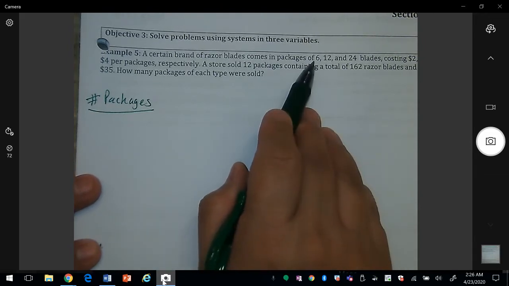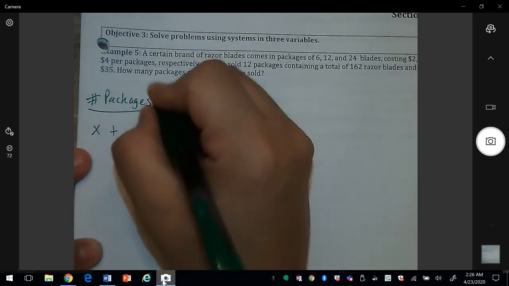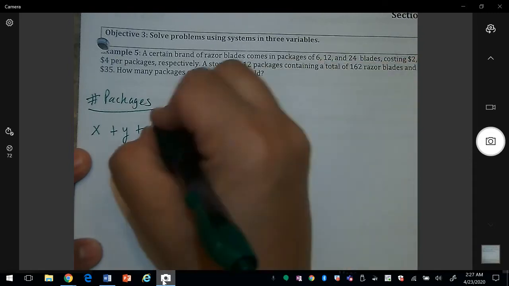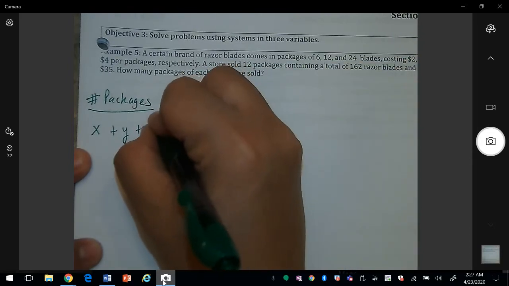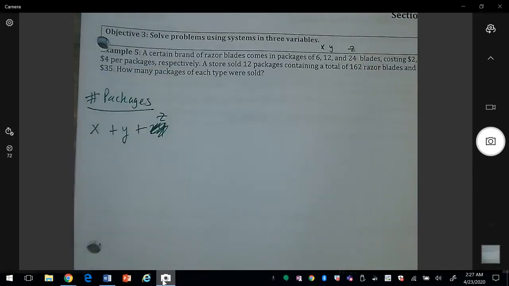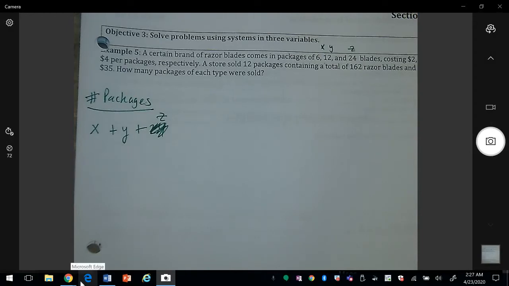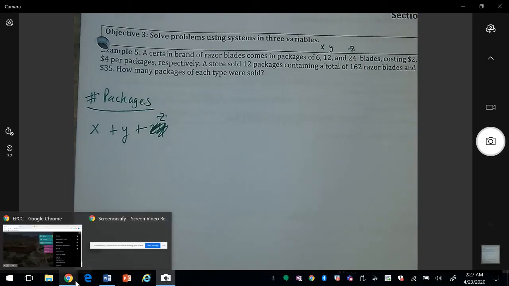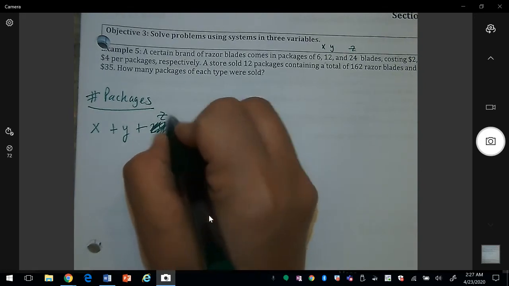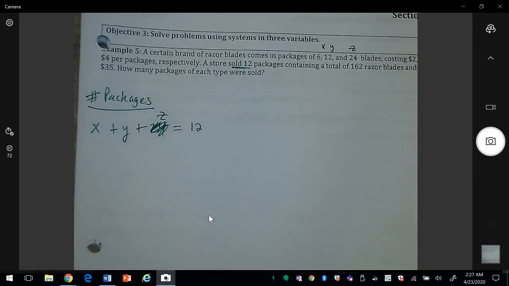So packages of 6, let's call those X. Packages of 12, let's call those Y. And packages of 24, let's call those Z. And we know that all together, it should give us a total of 12 packages. So that's the equation for packages.